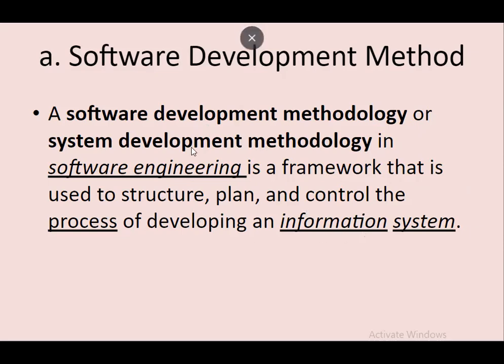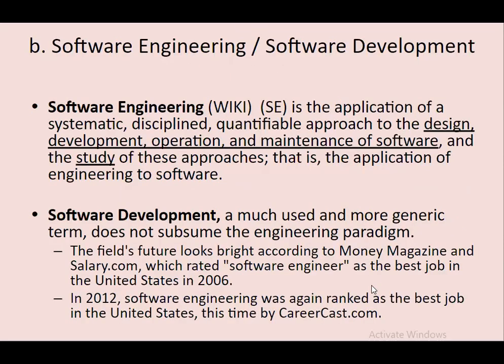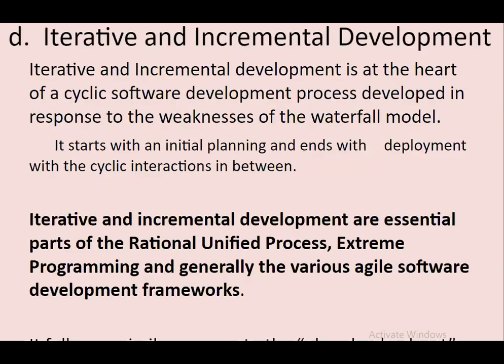Don't get confused by this definition. Information system is nothing but your software, whatever software you are going to develop. We will not go into detail about software engineering; we have already discussed it many times and you all know it well.